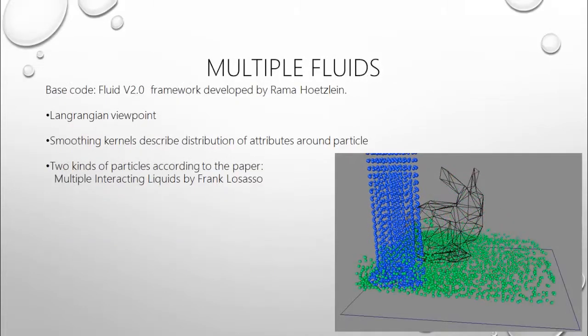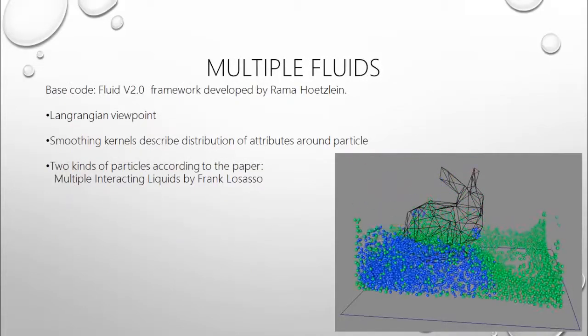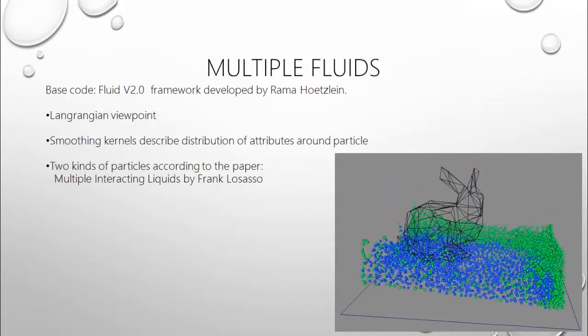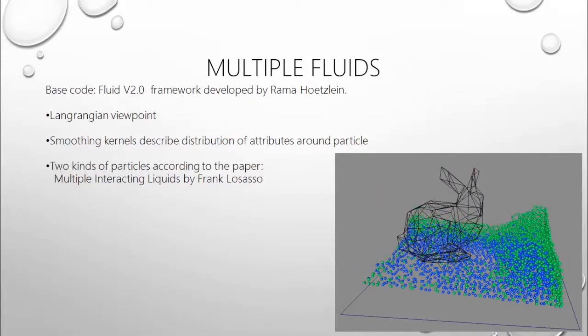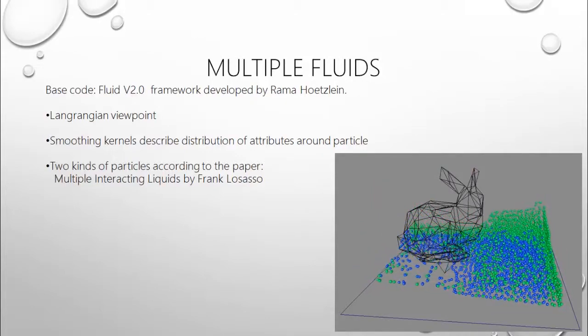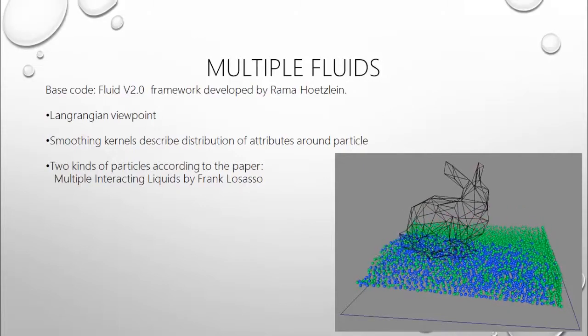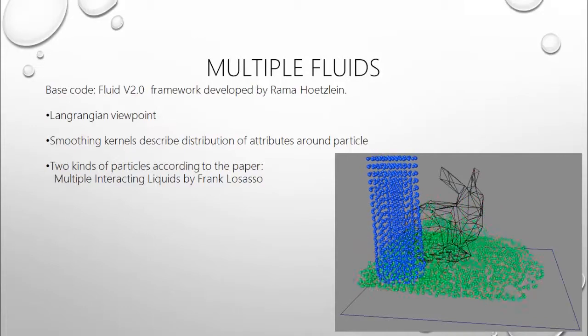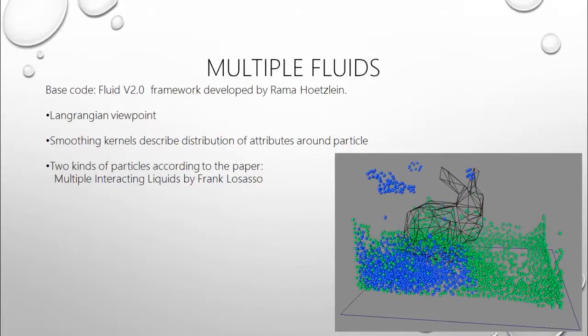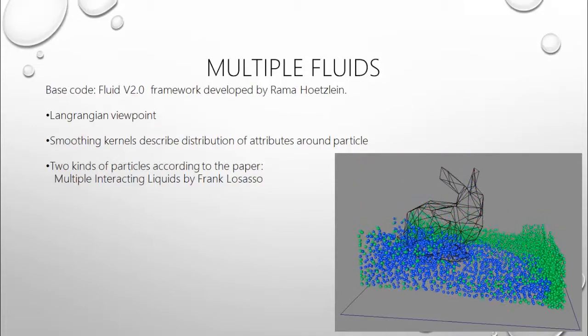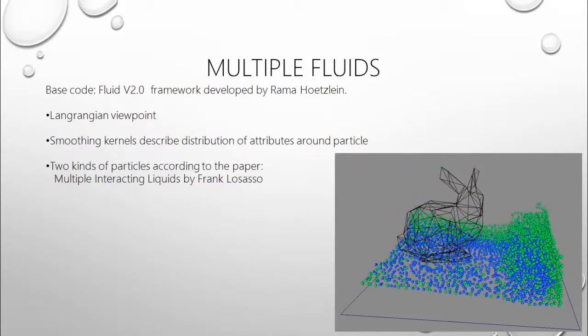First, I'll talk about our multiple fluid solver. The core of our framework is based on the Fluid V 2.0 framework, which was developed by Roma. This framework takes a particle-based approach to solving the Navier-Stokes equation and simulating fluids.